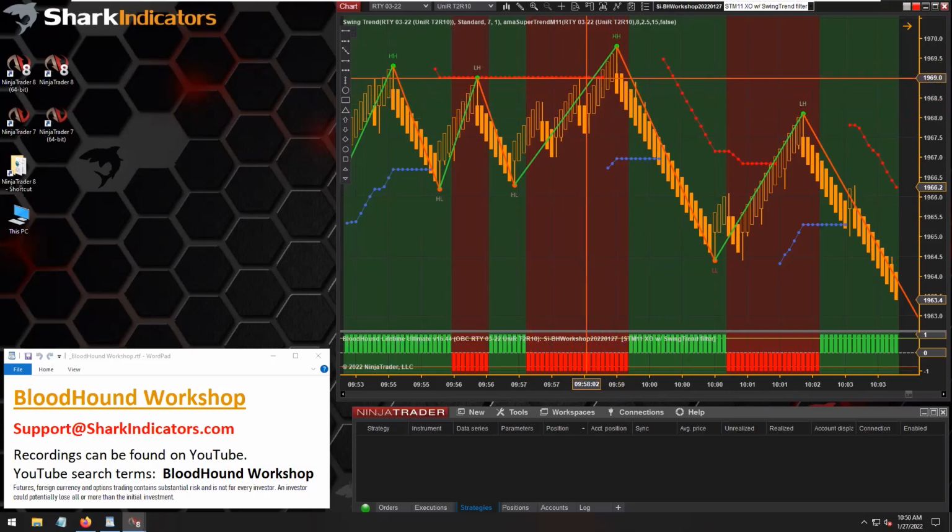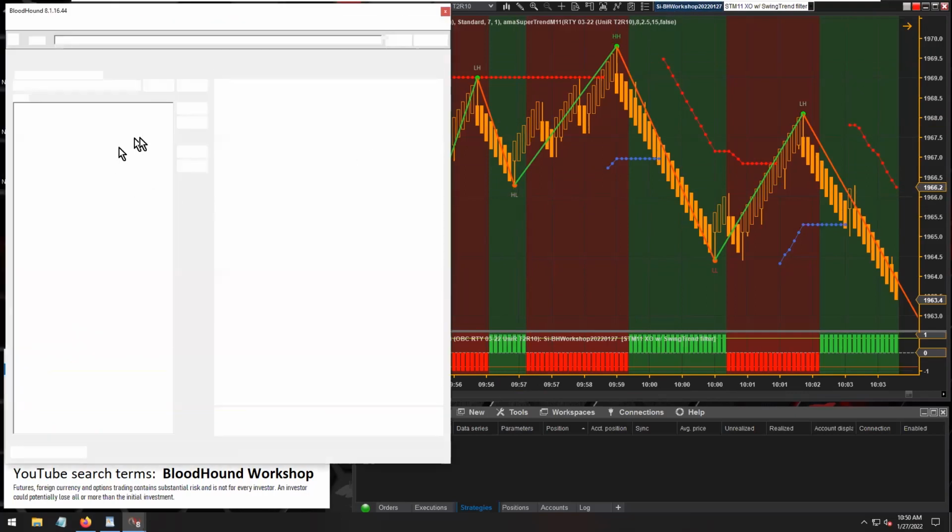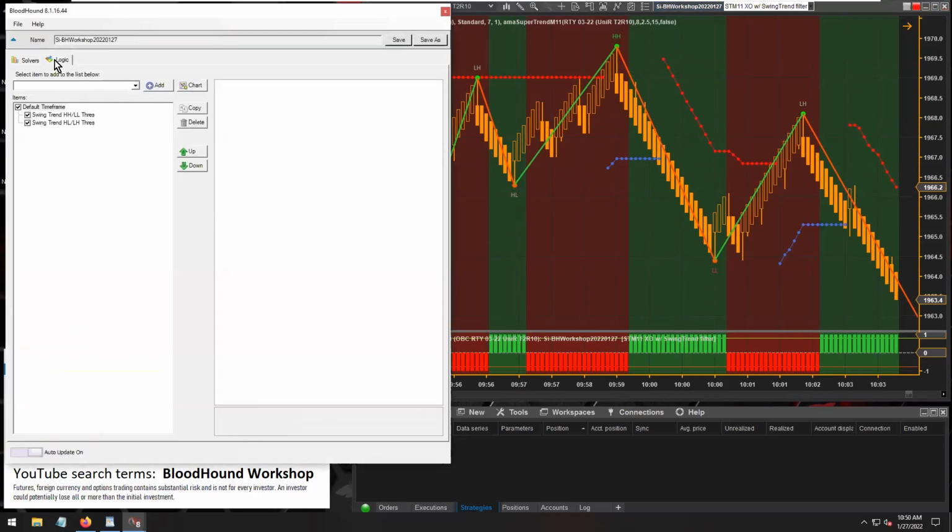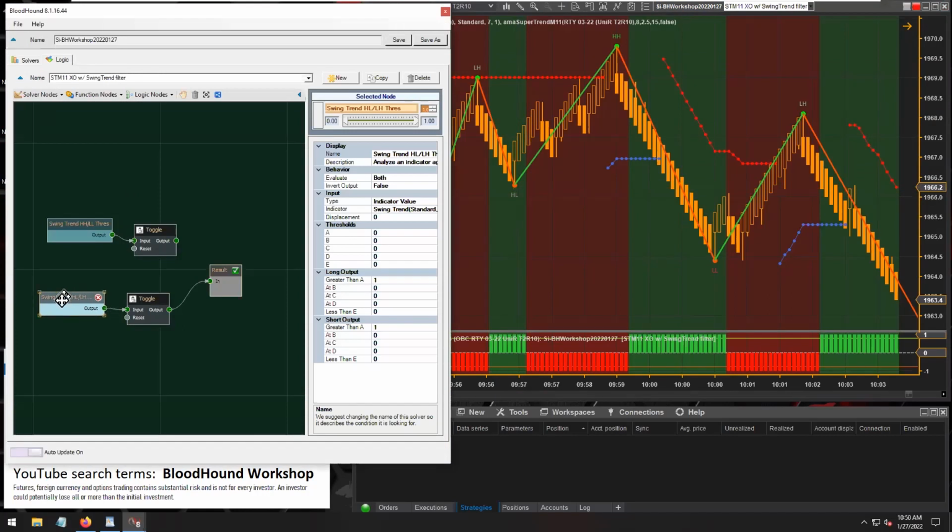Now, one thing that looks kind of weird is, remember, this solver, let's open this up again. Remember, this solver here is only identifying higher lows and lower highs.